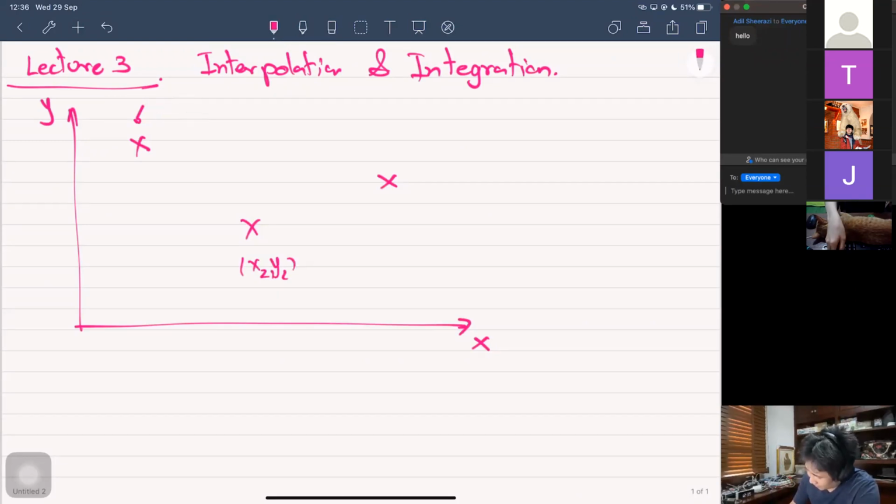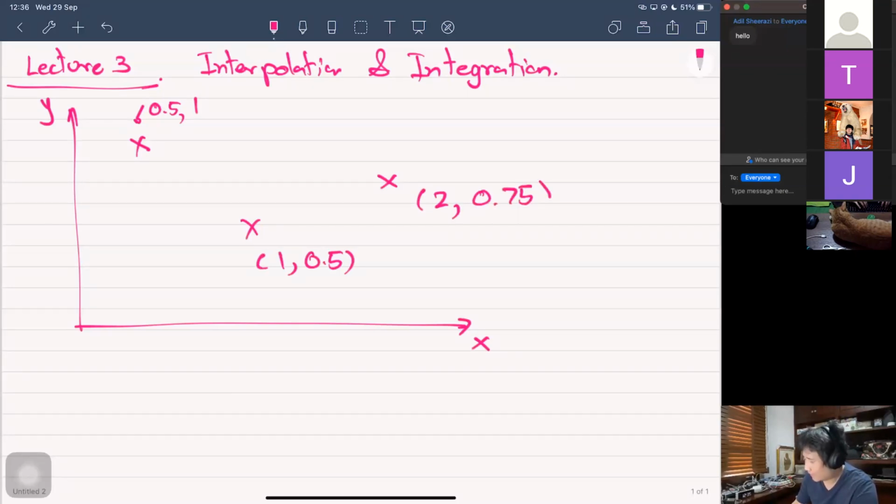Let me give you numbers: x is 0.5 and y is 1. Then x is 1 and y is 0.5. And this point could be x is 2 and y would be, I don't know, 0.75, something along that line. Okay, everyone got the idea, right?